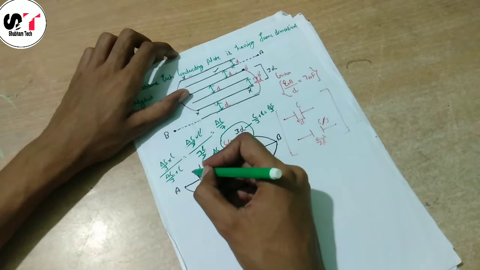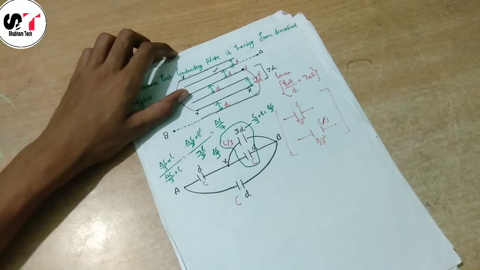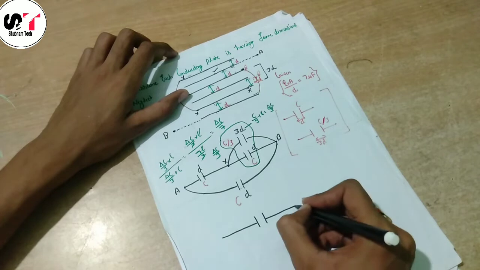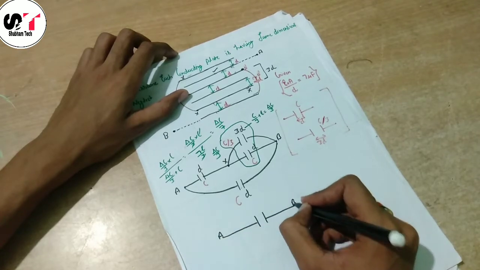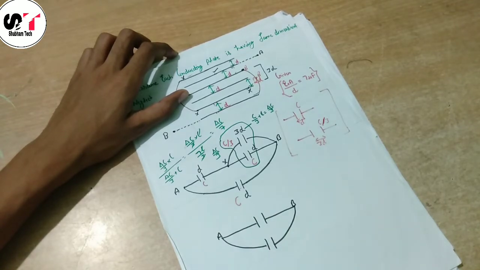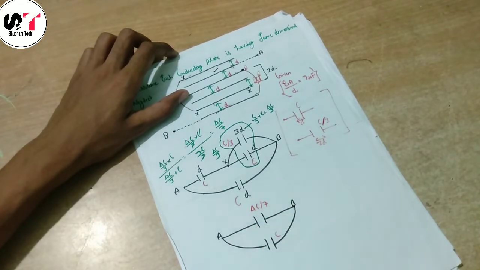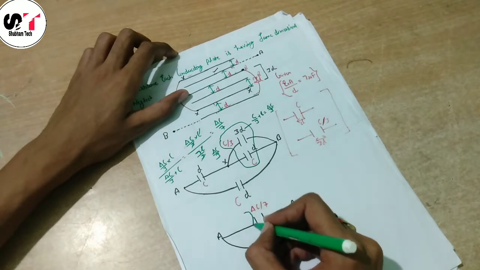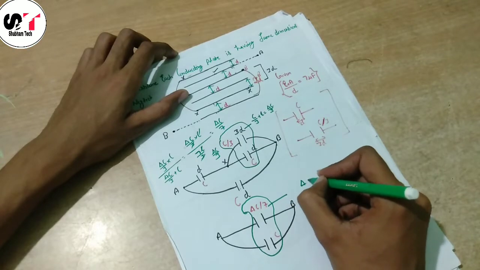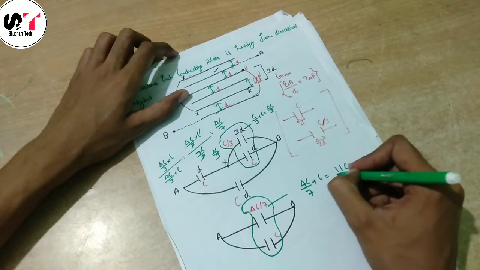Now the total combination of these three capacitances is 4C by 7. The circuit looks like this one, between A and B, 4C by 7 and C. Now these two are in parallel, so the combination becomes 4C by 7 plus C, equal to 11C by 7.